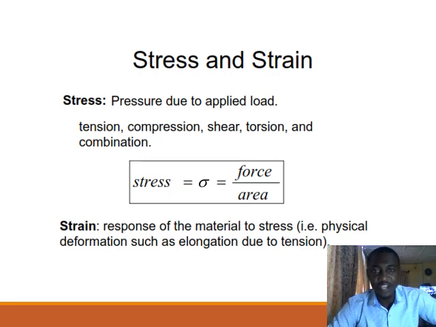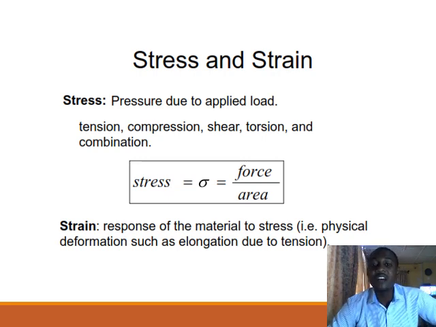So to start with, stress is the pressure you apply on the material per unit area. So pressure due to applied load, in simple terms, defines what stress is. Mathematically, it is the ratio of the applied force to the area over which the force is applied. So if you want to mathematically find the stress, you need to know the magnitude of the applied force, and if you divide by the original area upon which the force is applied, you will get a quantity that is called stress.